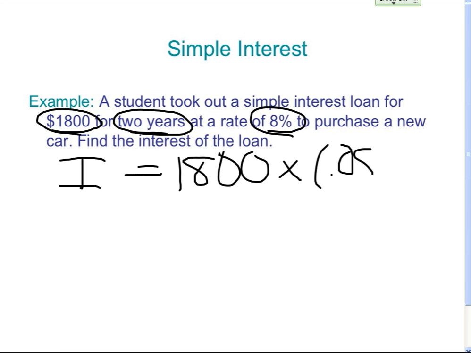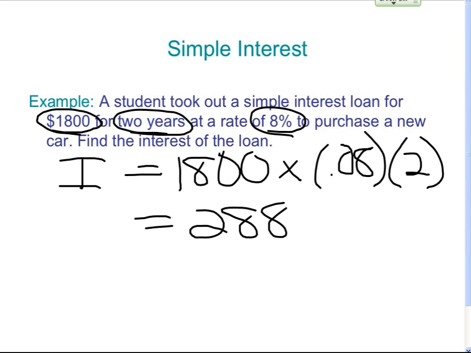Don't forget the 0. And this time it's for 2 years, so we multiply that times 2. And we get $288. So because the bank loaned us money, we have to pay them an extra $288 on top of the $1,800 that we already have to return.